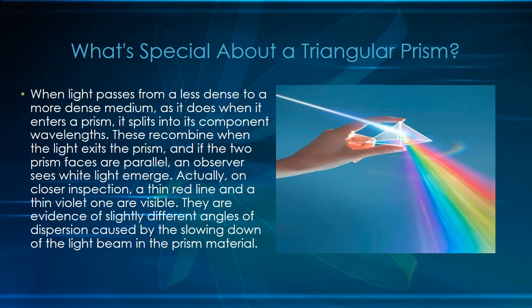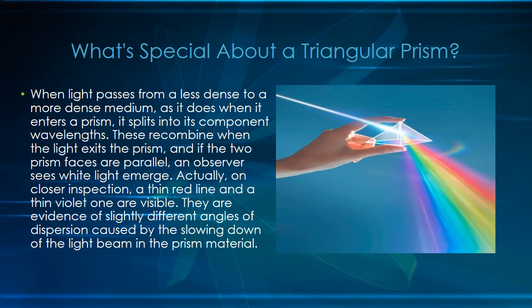What's special about a triangular prism? When light passes from a less dense to a more dense medium, as it does when it enters a prism, it splits into component wavelengths. These recombine when the light goes out of the prism, and if the 2 prism faces are parallel, an observer sees white light emerge.